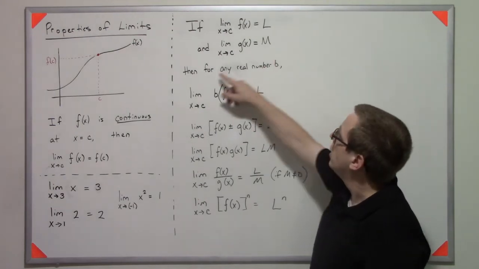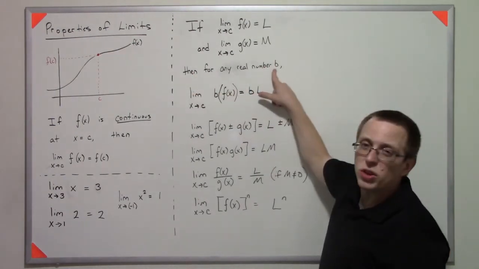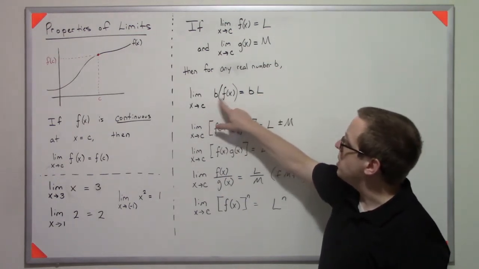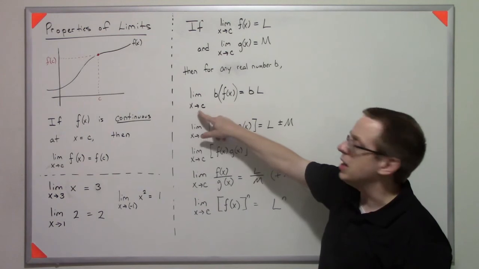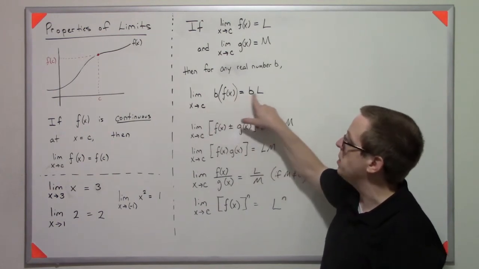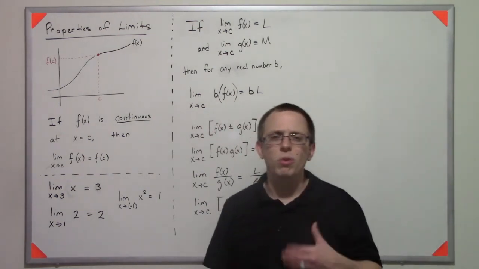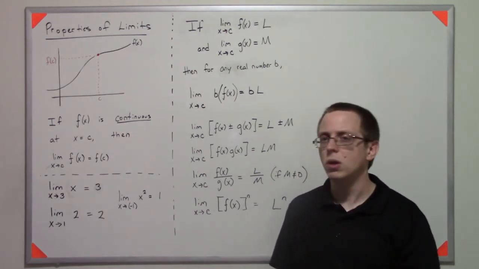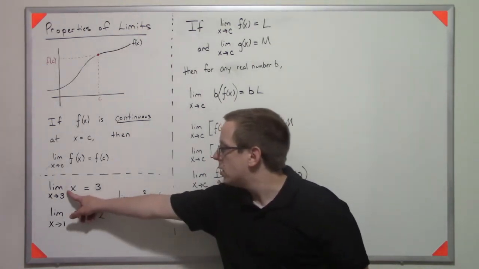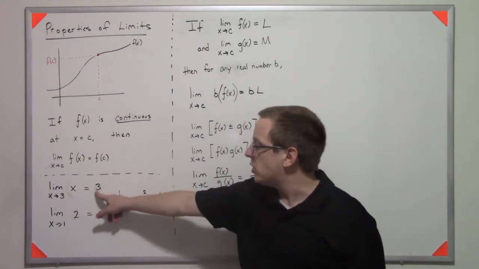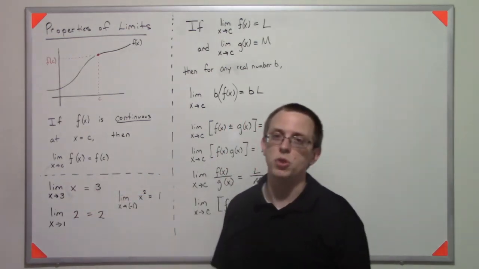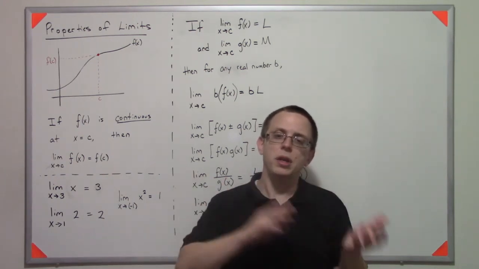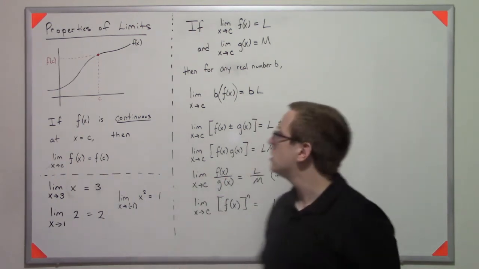And if we have some scalar value b, the limit as x approaches C of b times f of x is b times L. Well, what does that mean? That basically means that if I have a scalar multiple, if this was 2x instead of x, then the answer would be 6. It'd be 2 times 3. So realistically, that means that you can factor constants in and out of limits.